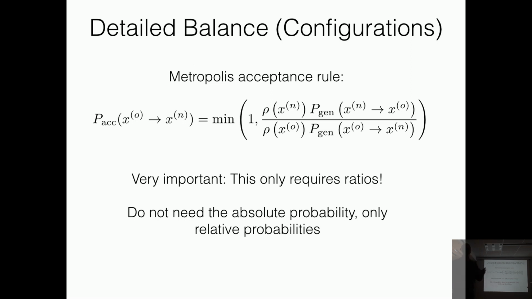The important thing here is that this only requires ratios, because for a lot of these things, you can figure out what the relative probability of two things are, but getting the actual exact normalization is really hard. So that's the idea there.